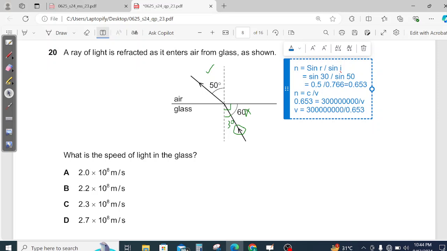0.653. Let's have a look at the correct option. I have to solve it. 3 into 10 to the power 8 divided by 0.65.